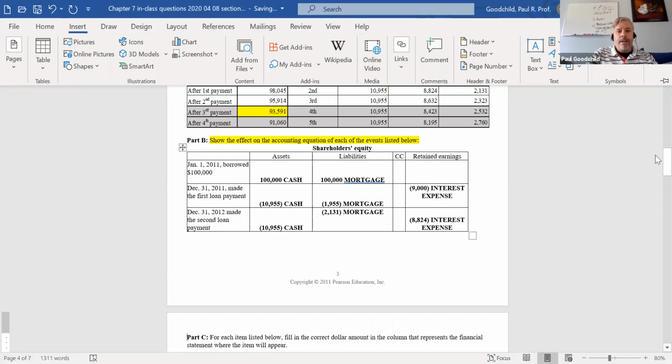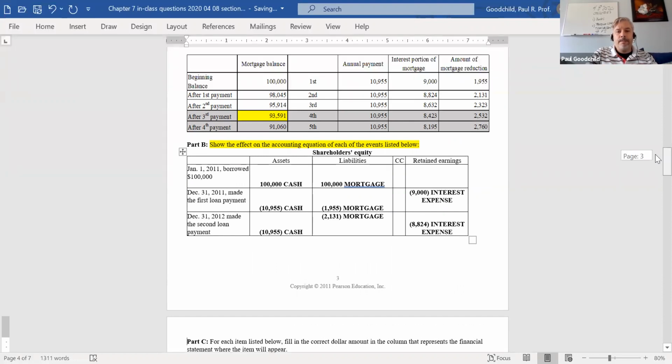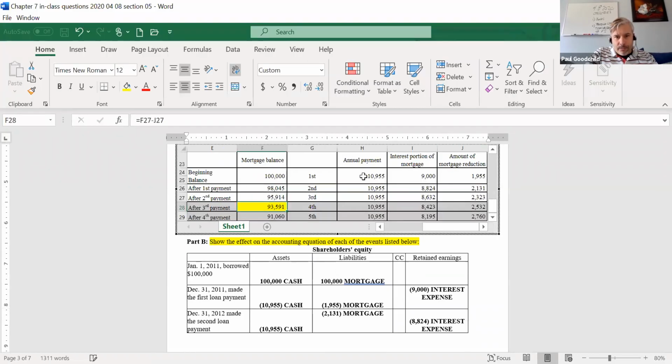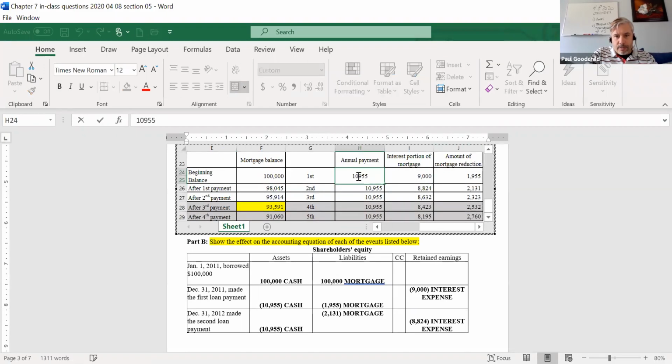All right. Any other questions on part B? What I can do is I can color code the cells, I think.